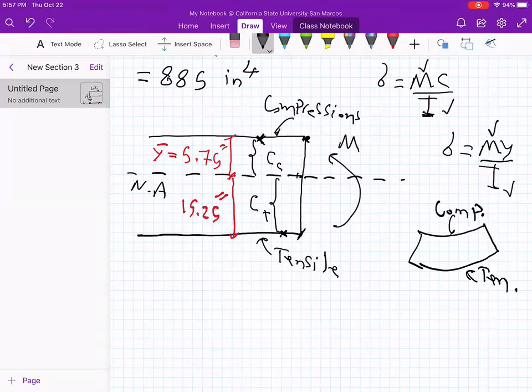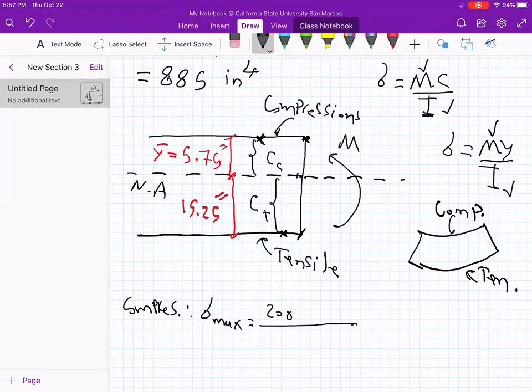So let's write for the compression. Sigma max would be, what is M? M is 20 kip-feet, so be careful.